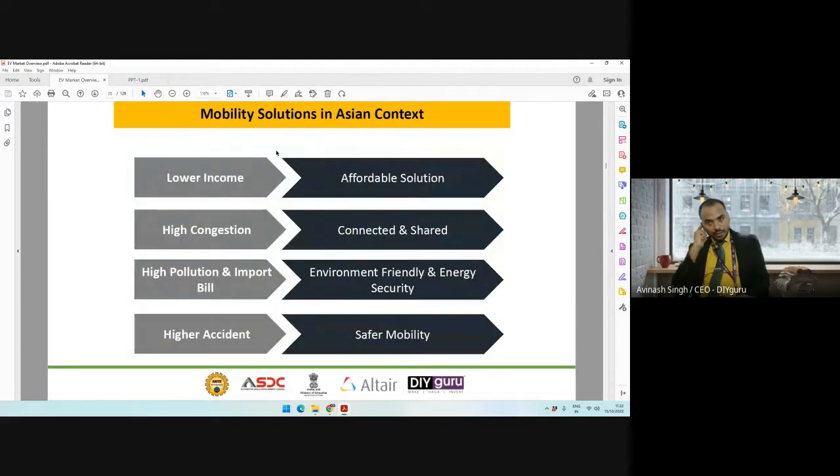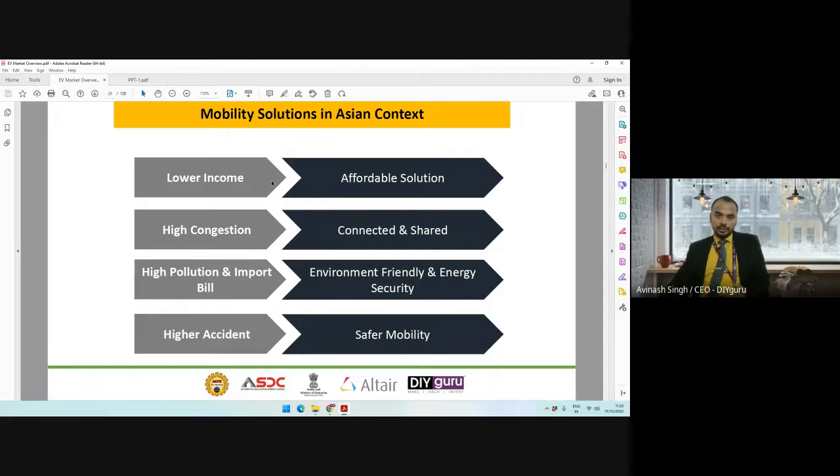In the Asian context, the definition changes a bit, because Asian countries are a bit on the lower income side. So for them, any possibility of an affordable solution becomes the attractive point.